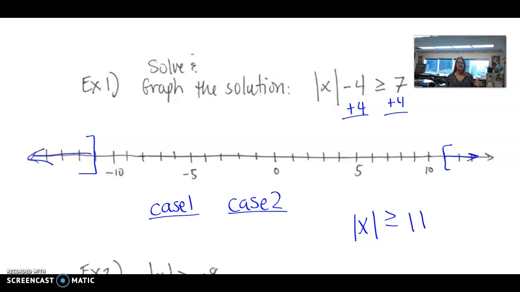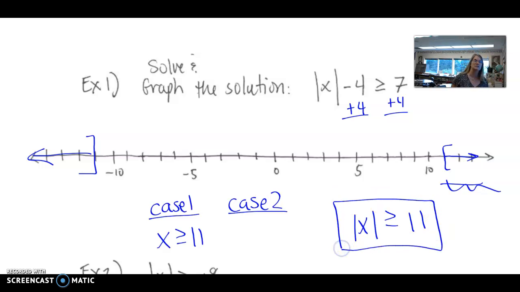So if we look at how to write this inequality, let's start with this one over here. It means that x is greater than or equal to 11, which looks just like this solution without the absolute value bars. And then just like when we solve equations, we have to do the negative part, the negative 11.